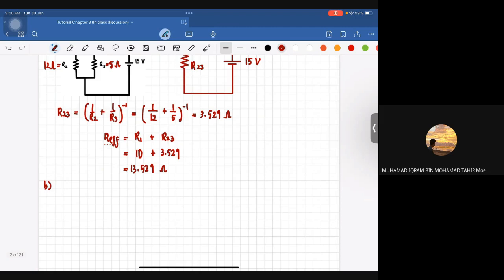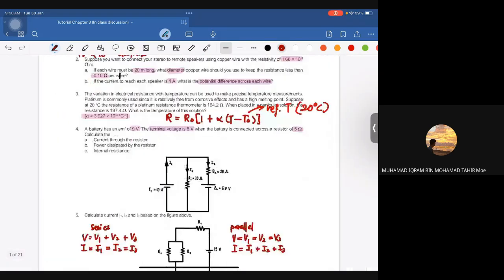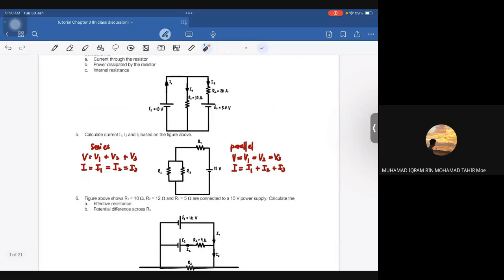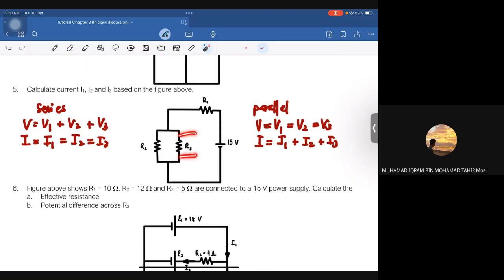Kiranya kita tidak akan buat secara reverse punya style tu lah. Okay, tapi ikutlah yang mana kamu prefer. Okay, so sekarang ni soalan suruh kita cari the voltage across R3. So sekarang ni kita kena cari berapa nilai volt di resistor 3.